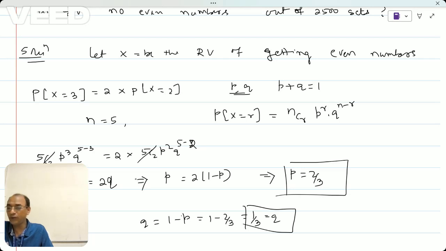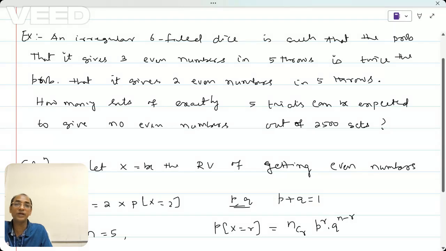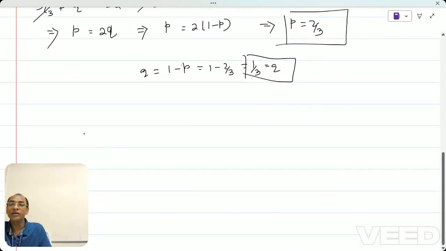Now we will try to find the probability of getting no even number, because we have to find in 2500 sets how many sets of exactly 5 trials can be expected to have no even number. So first we will find the probability of the outcome being no even number.